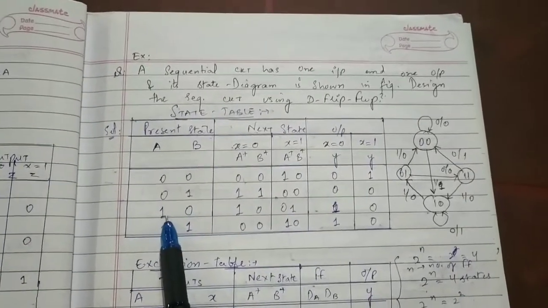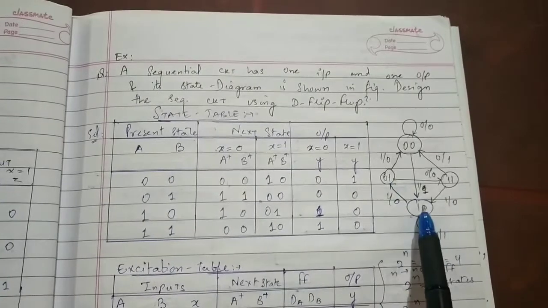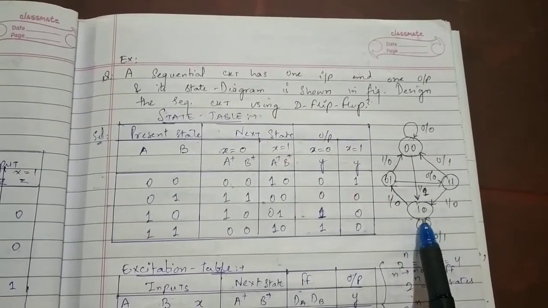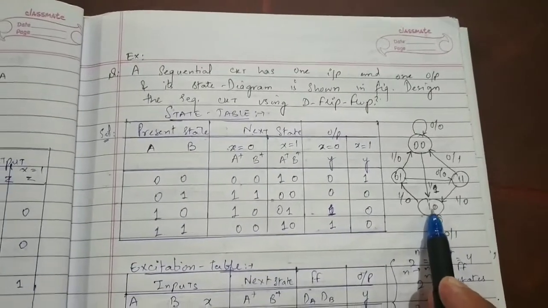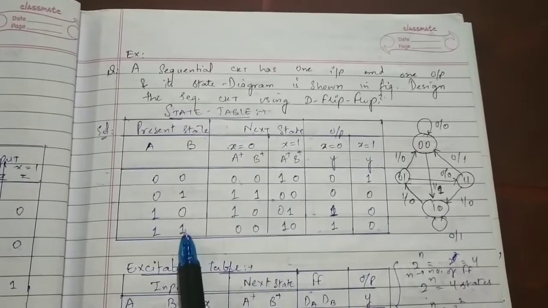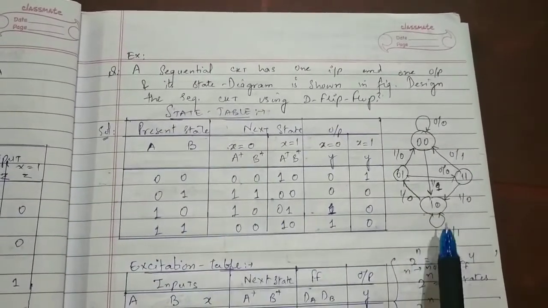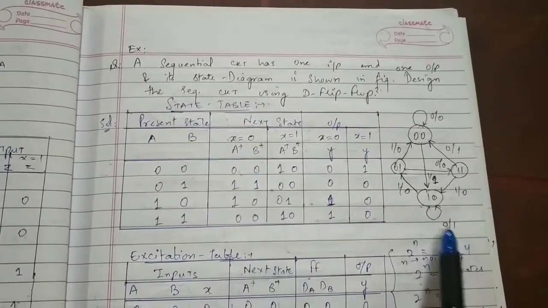For the third combination, 10, one arrow goes to 01, and the other is the self loop at 10. So when the present state is 10, the next state is 10 itself when input x is equal to 0 and output y is equal to 1.